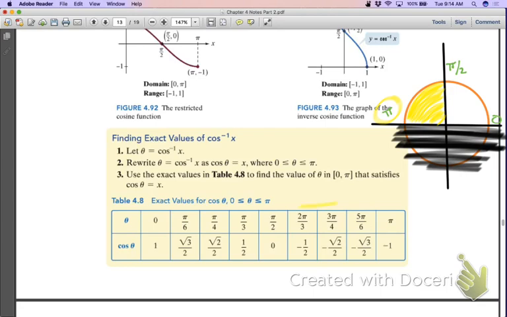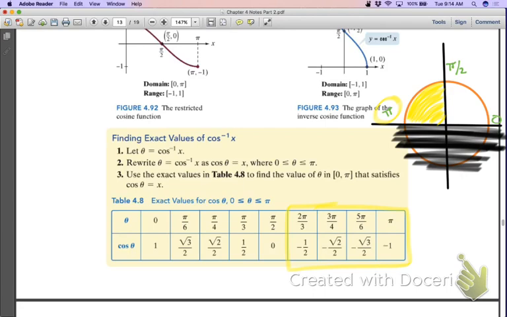Anything over here, you're going to take pi and subtract either pi over 3, pi over 4, pi over 6, and get your other value. If you know that pi over 4, it's going to match 3 pi over 4. It's not a straight flip of a negative sign or an opposite sign like it was with sine and tangent. It's going to reflect over that y-axis and come over onto that other side.